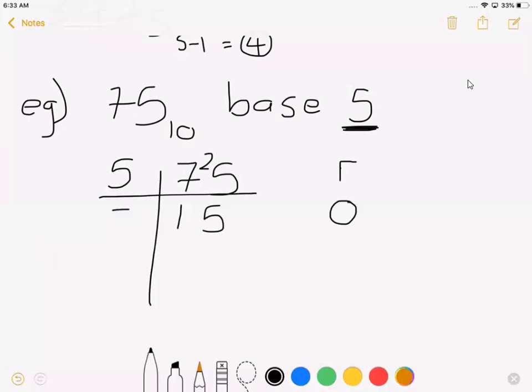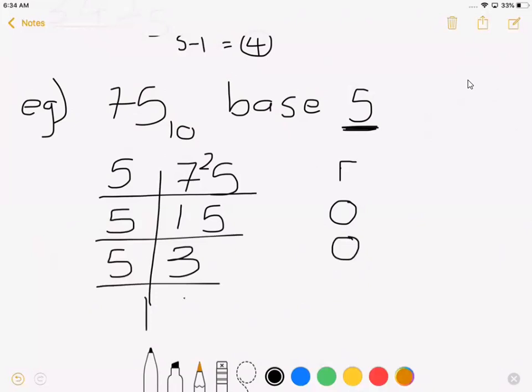Again, 5 goes into 15 how many times? It goes 3 times, remainder 0. Again, you divide by 5. 5 goes into 3 how many times? 0, leaving a remainder of 3.